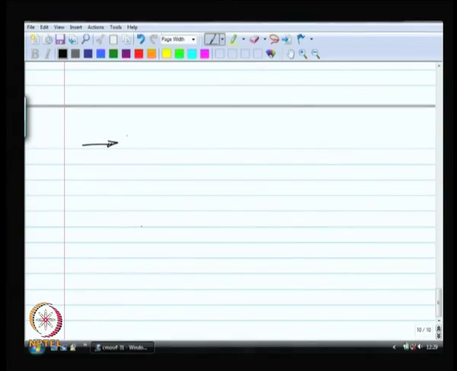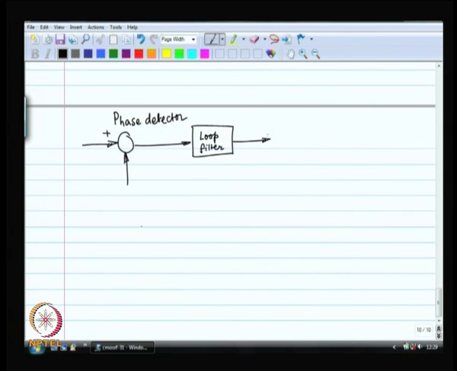All right. So, the general idea for our phase lock loop is this: I need a phase detector, then I need a loop filter, and then I have got my VCO, which is modeled as k by s.